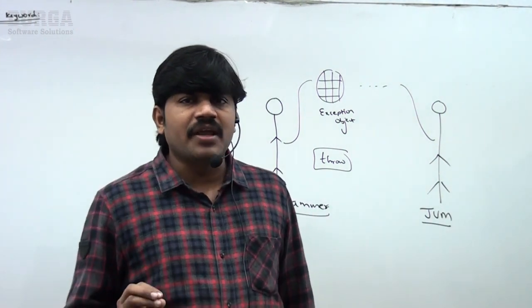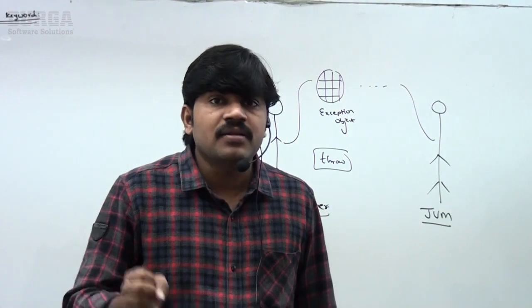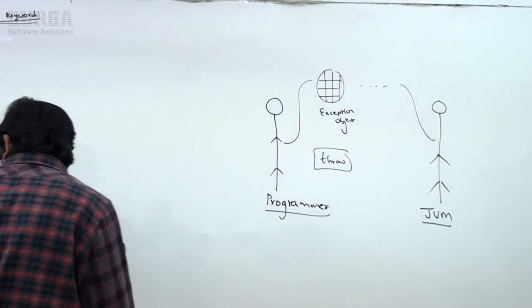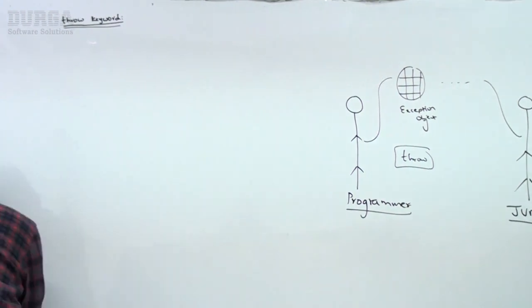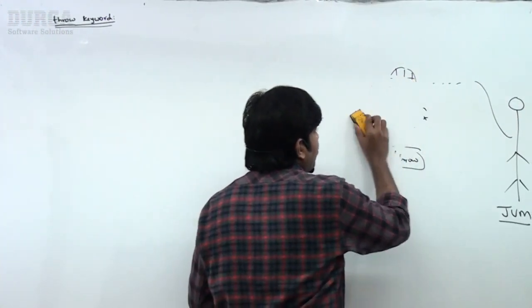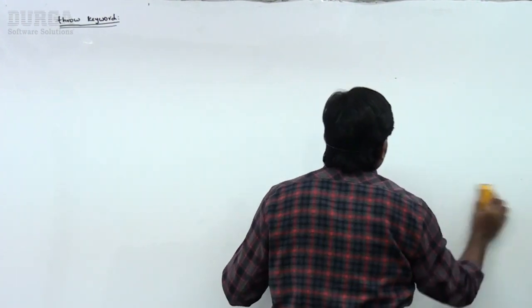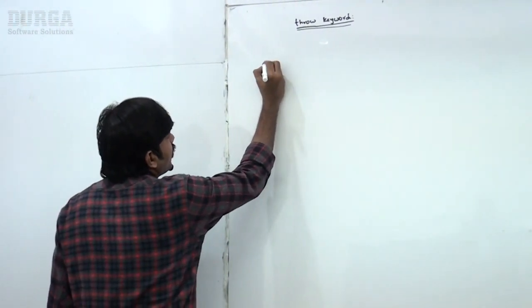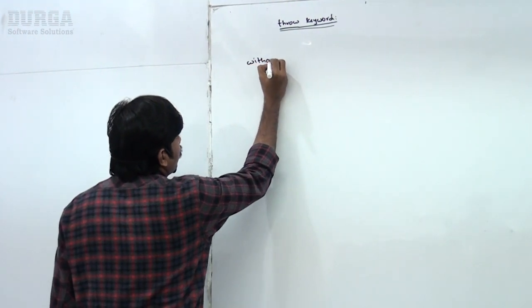So theoretically, let me go with an example, then you people can feel more comfortable. Just have a look once, sir. I want to take a small program so that you can get much clarity about this terminology. Here I'm taking a simple program without the throw keyword.